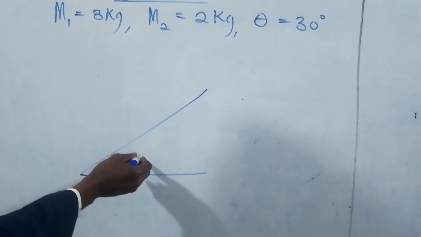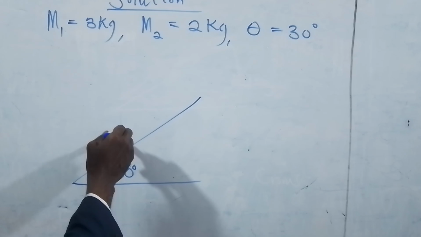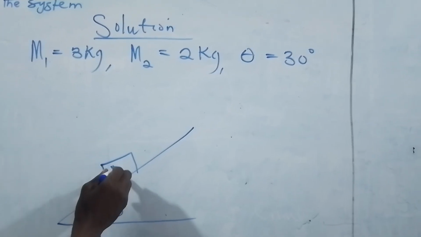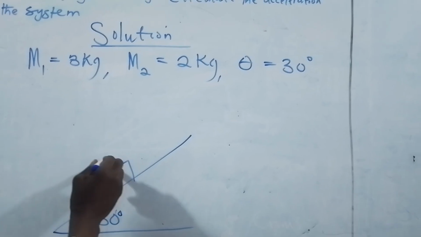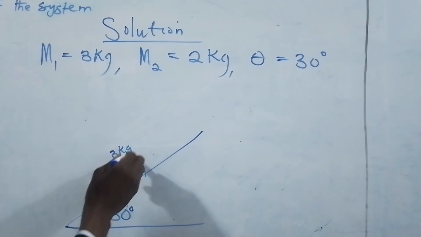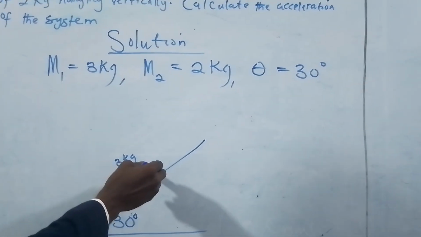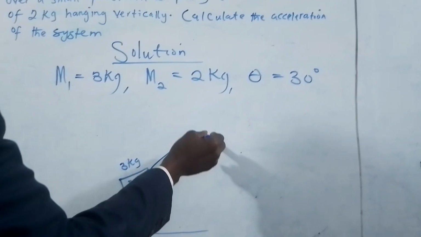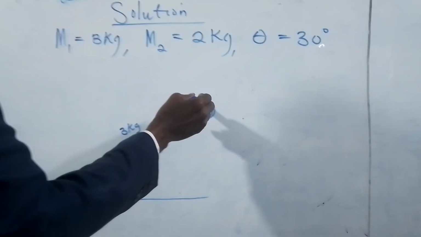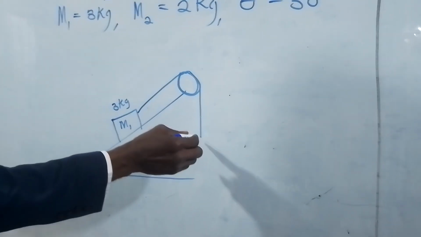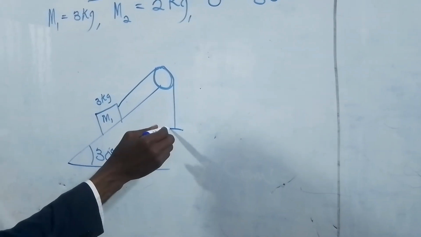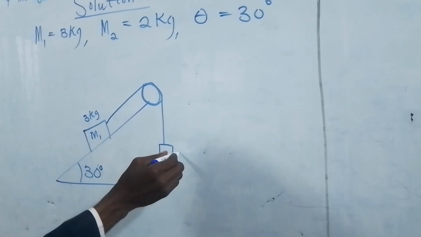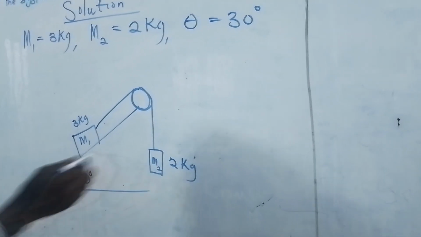We have a body of mass M1 equal to 3 kg on the inclined plane, connected by a cord over a frictionless pulley to a second mass, M2, equal to 2 kg.